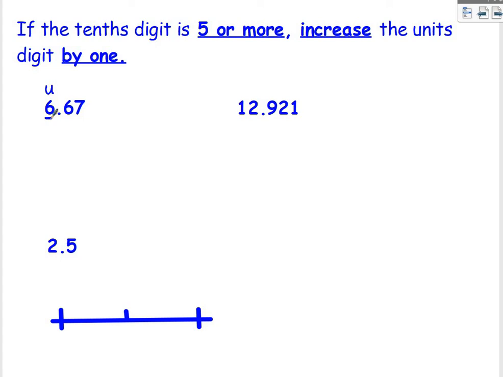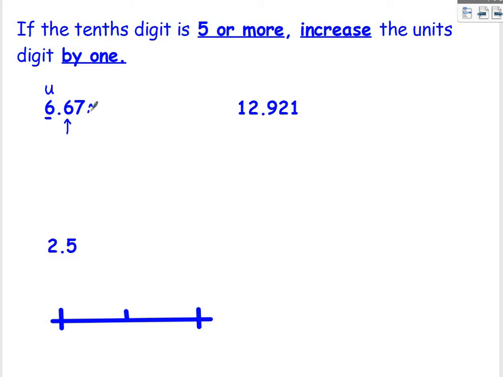And to do so, we look at the digit in the tenths column, the first digit that comes after the decimal point. Because that first digit after the decimal point is 5 or more, it means we have to increase the value in the units column by 1.